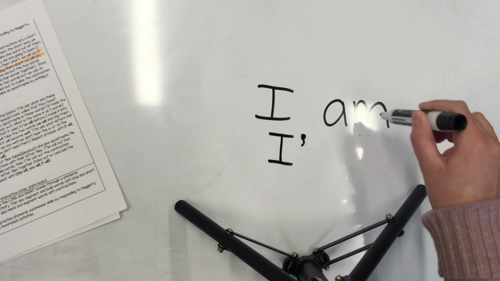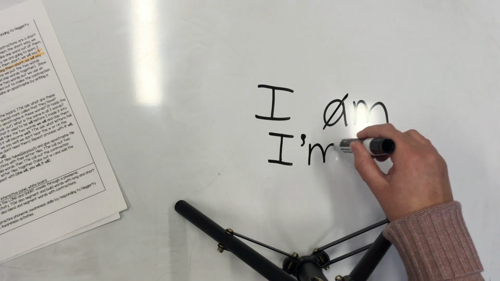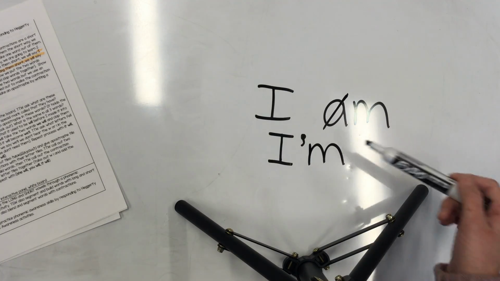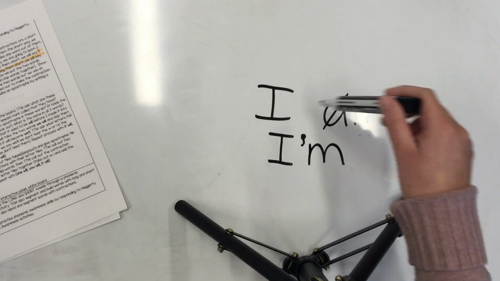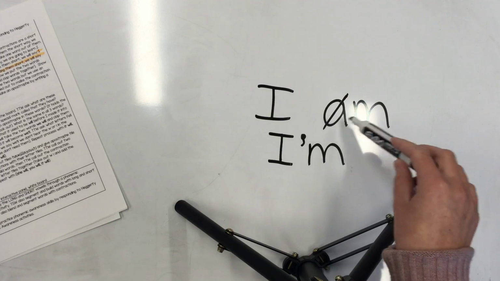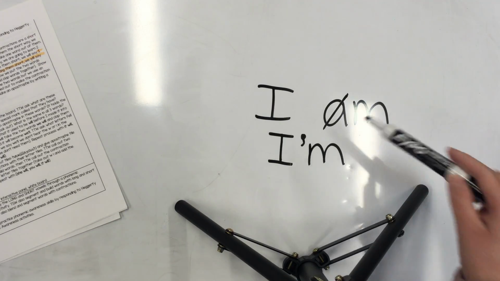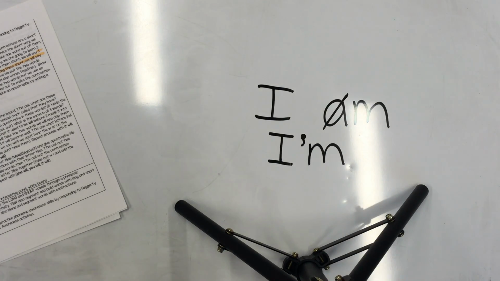Apostrophe, and guess what falls out? The A. And then I'm going to put the M. So now the word is not I am anymore. It becomes I'm. So the contraction for I am is I'm. Now this is one of the only words that has am, so we really just need to remember this word, okay? So I am, okay?